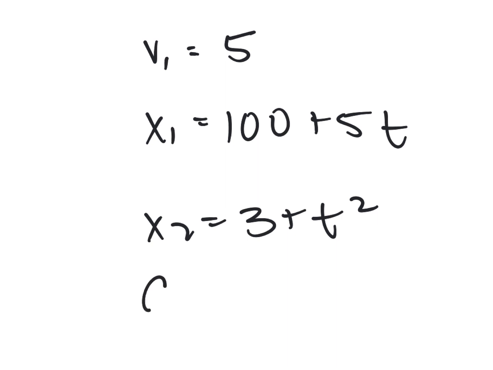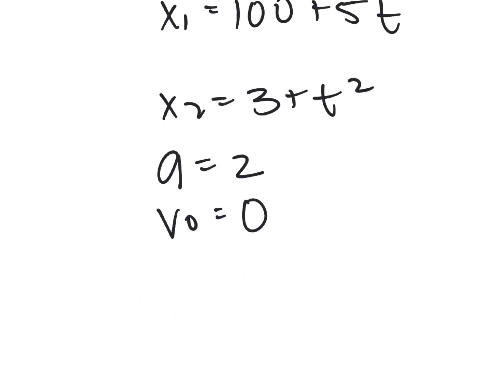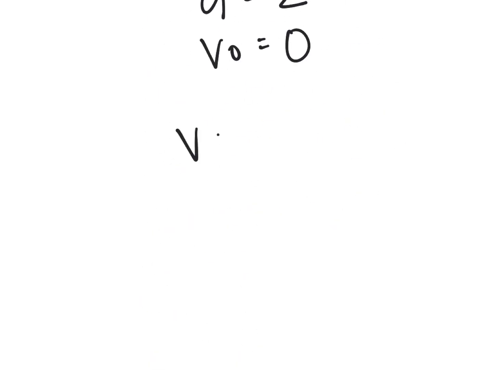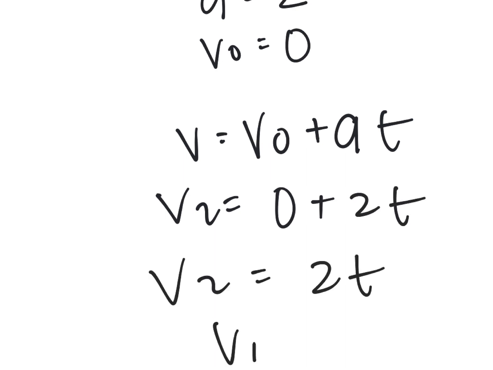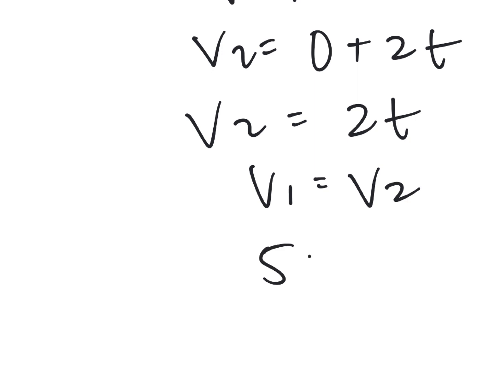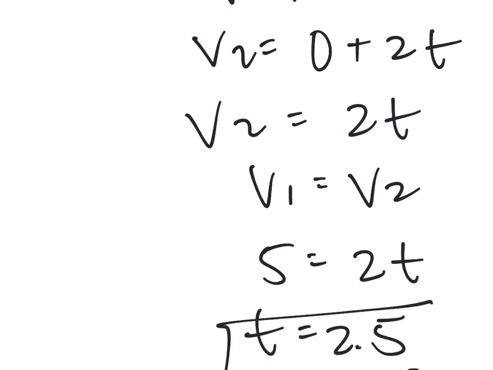We know that acceleration is 2 and that the initial velocity is 0. So v equals v0 plus at, v2 equals 0 plus 2t, v2 equals 2t, and if we make v1 and v2 equal to each other, then it would be 5 equals 2t, and t would equal 2.5, and that is the time the velocity is the same.